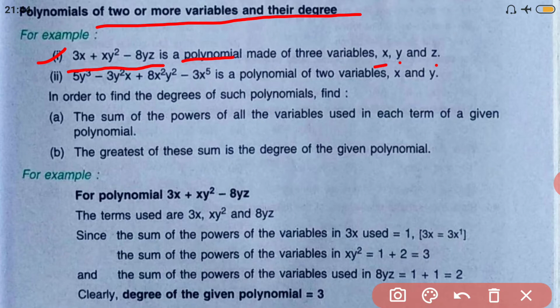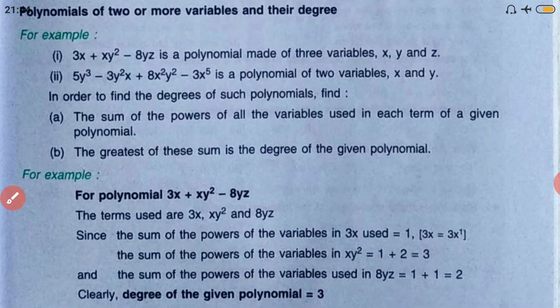So it becomes a polynomial with three variables. If I take another example here, 5y cube minus 3y square x plus 8x square y square minus 3x raised to the power 5, here we have two kinds of variables, so it is a polynomial of two variables, that is x and y.